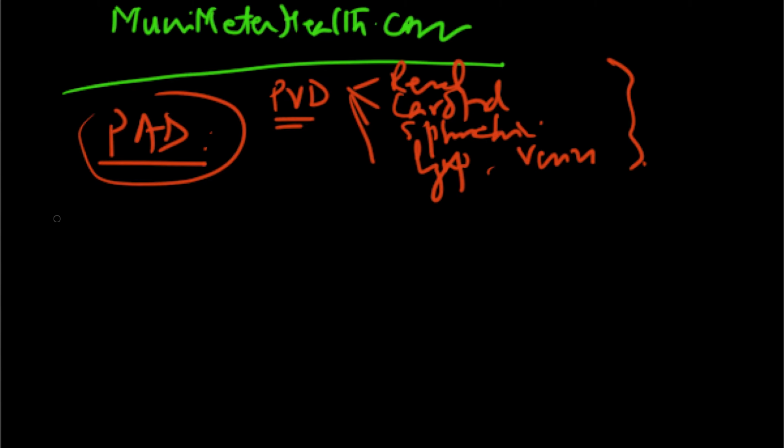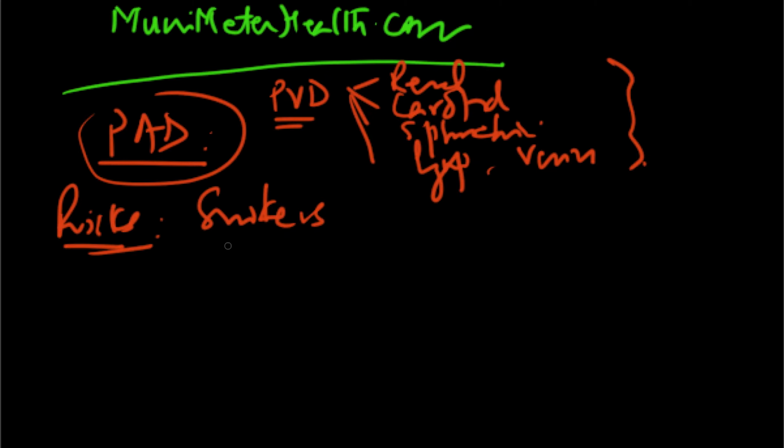Now, what are the risks for having peripheral arterial disease? Let's understand the various risks, because obviously there are certain sects of the population which are very prone to peripheral arterial disease. Number one is smokers. Across the globe, you'll see a lot of smokers who have peripheral arterial disease, and we'll get to the symptoms and signs in just a second.